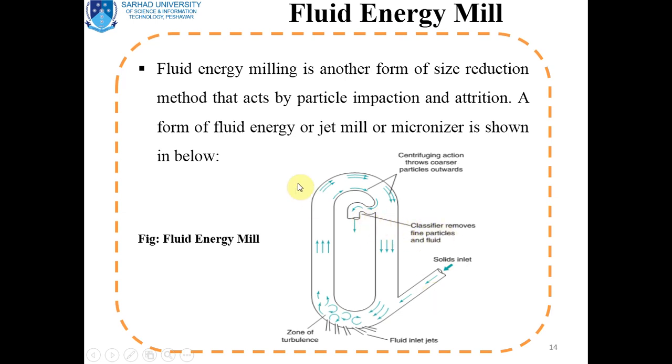The fluid energy mill is another form of particle size reduction method that acts by particle impaction and attrition. These mechanisms are involved in the process of particle size reduction. A form of fluid energy mill or jet mill is the fluid inlet jet mill. A micronizer is shown in the figure below.